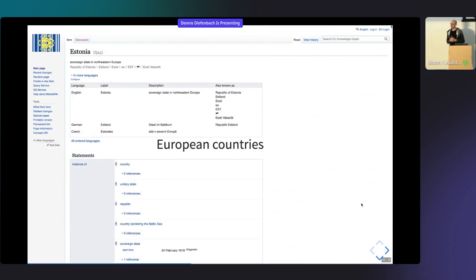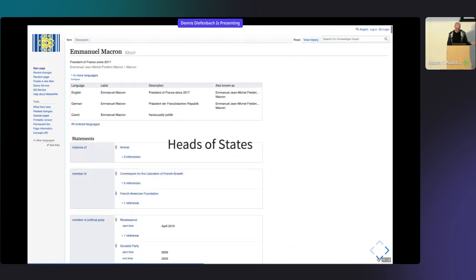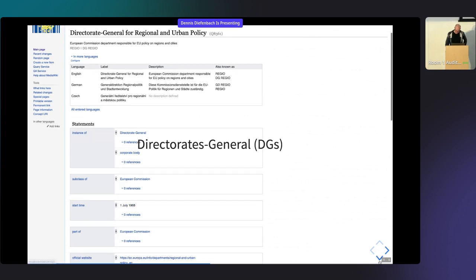I mean, how to describe the European Union without European countries. We have information about capital cities, about heads of state, like for example here Emmanuel Macron. And we also have information about the departments in the European Commission. This here is an article about the Directorate General for Regional and Urban Policy, DG Regio, which is part of this project.